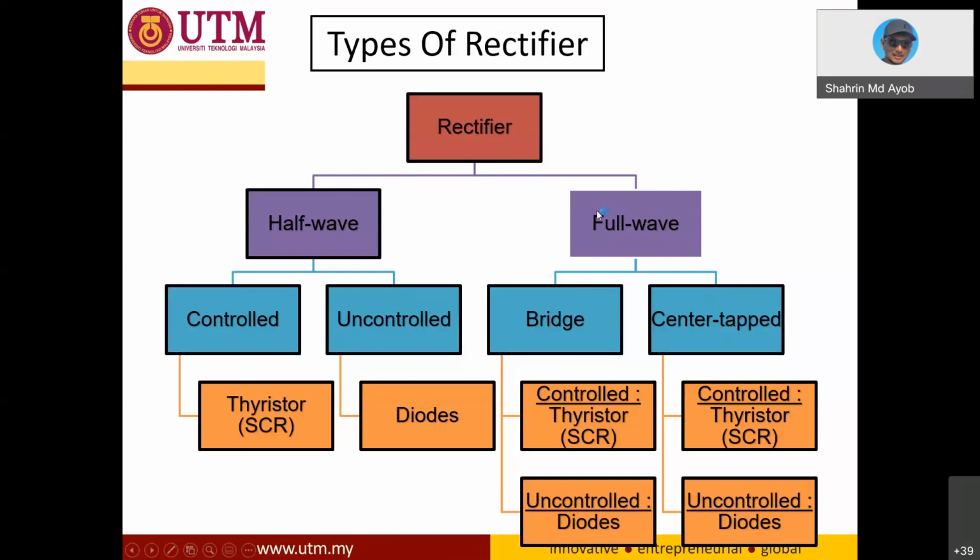Under this full wave, we have two types of circuits that we will explore. The first one we call the bridge circuit, and the second one is the center tap circuit. In the center tap circuit we are using a transformer to provide electrical isolation between the source and the load.